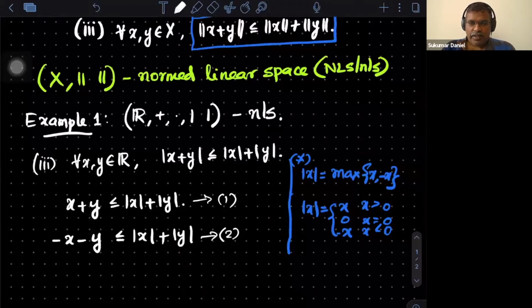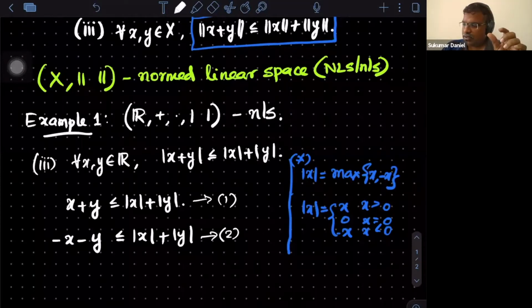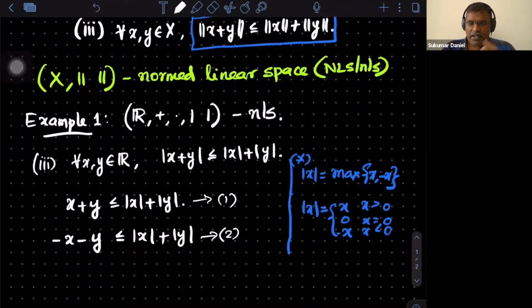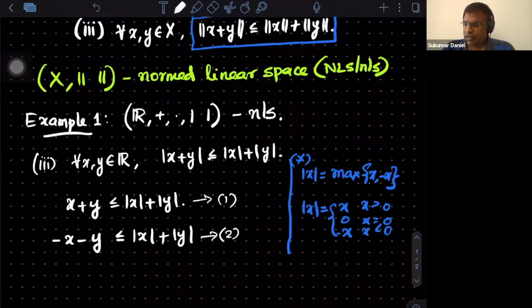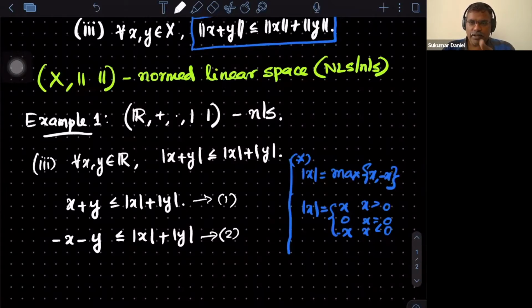This is again a recurring theme, is what I want to emphasize. If I show that each of the terms x plus y and minus of x plus y is less than some number, then the maximum also will be less than or equal to that number. So forget the right hand side, consider it as a constant. So x plus y is less than p, and minus of that number is also less than p, and hence modulus of that number has to be less than or equal to p.